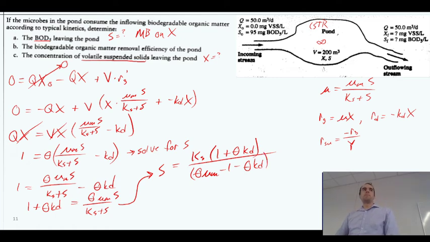Okay, so that gives us a way to solve for S. In terms of these parameters, we can solve for theta because we know the flow rate and we know the size of the pond. We're given default values for Ks and mu max and Kd. So we can just put all the numbers in, and if we use the defaults and solve for theta, we should get S equals 6.9 milligrams BOD per liter.